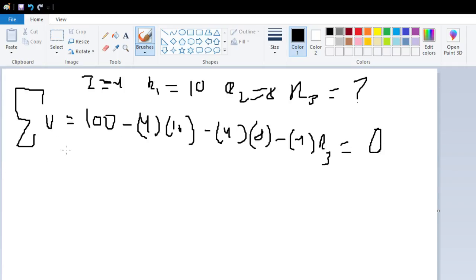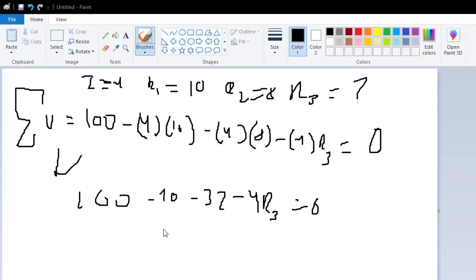If we just simplify this, we get 100 minus 40 minus 32 minus 4 R3 equal to 0. You simplify it even more, you get 28 volts minus 4 amps times R3 equal to 0.